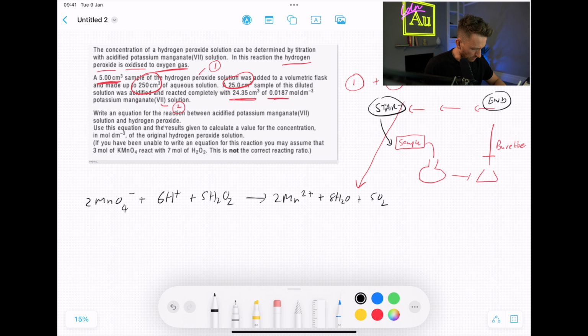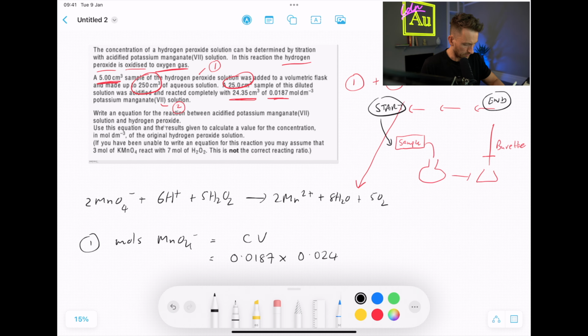Again, look at the template that I explained in the back titration video, and we're going to work back to that sample. Number 1, moles of the potassium manganate is going to be C times V. Concentration is 0.0187 times the volume. Don't forget the volume has to be in decimeter cubed. So that's 0.02435.